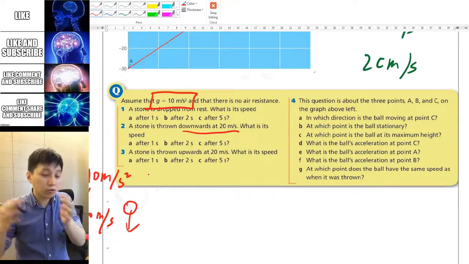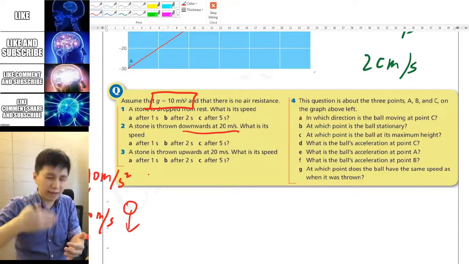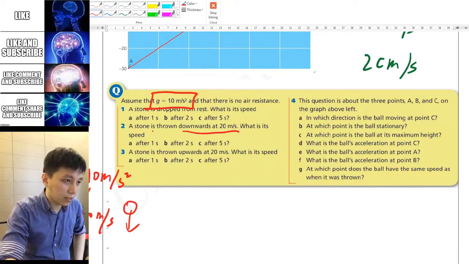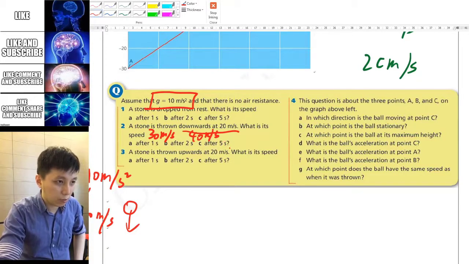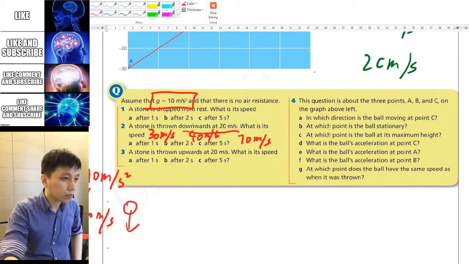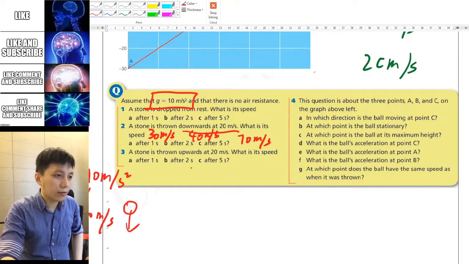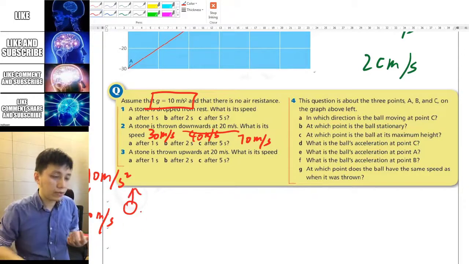That means you already got 20 and you now add on 10 every time. So in that case, that will be 30 meters per second after the first second, 40, and then this one will be 50 plus the original 20, that is 70 meters per second. Very simple.